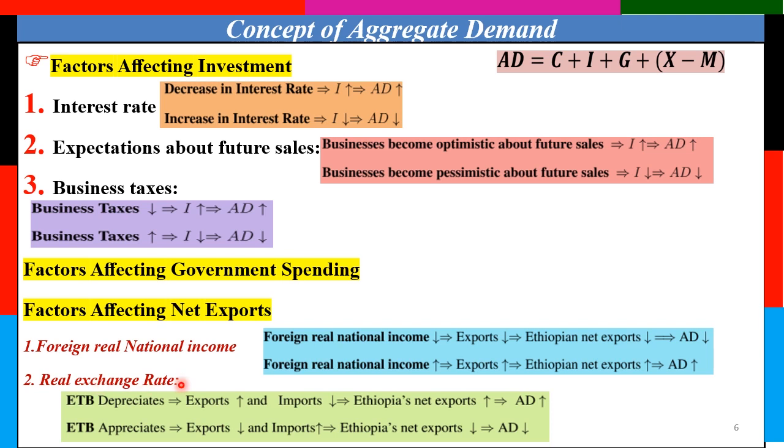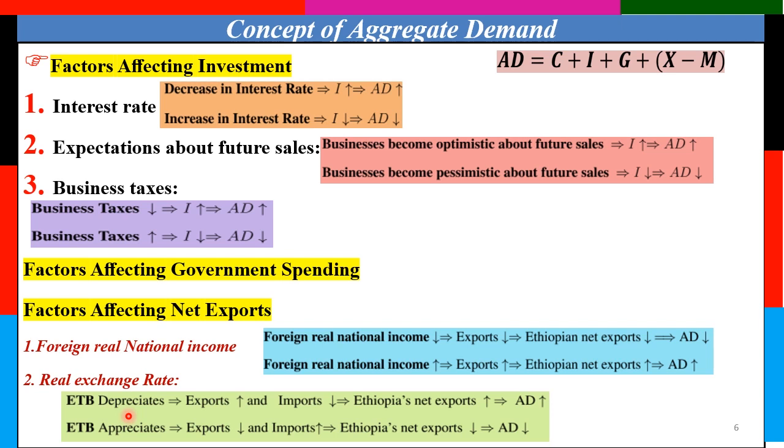Real exchange rates also affect the net exports. If the Ethiopian birr depreciates, the ability to buy something with the Ethiopian birr, let's say, is decreasing. This implies that exports are increasing because Ethiopian products become cheaper due to the depreciation of the Ethiopian birr.